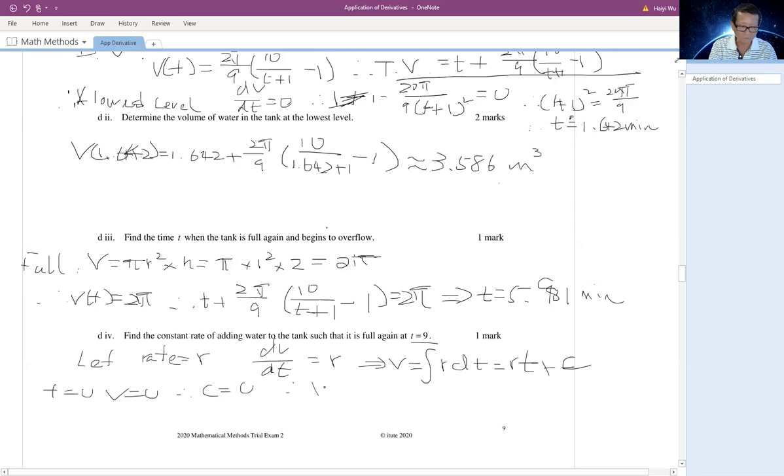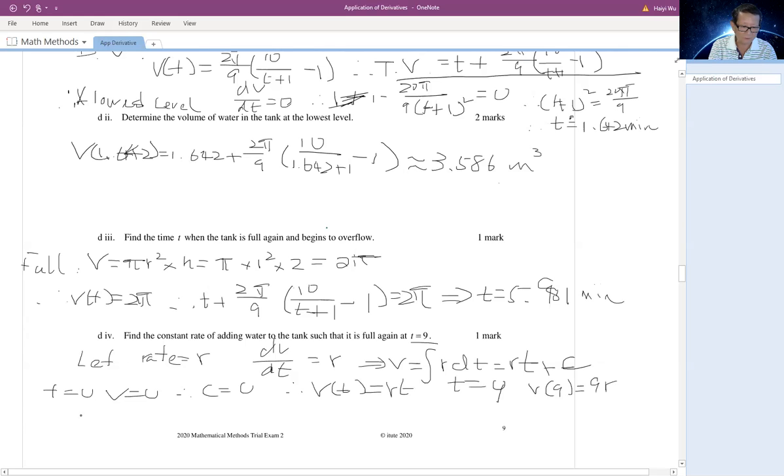So the adding volume is rt. Because time is 9, the adding volume will be 9r.